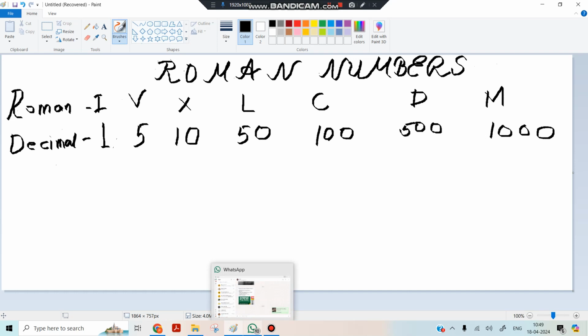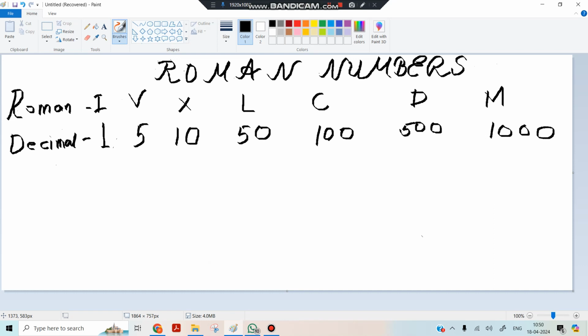Now there are certain rules that we need to follow when we are writing the Roman numbers. If you know these rules, if you follow these rules, then you can form any number using the Roman numerals.